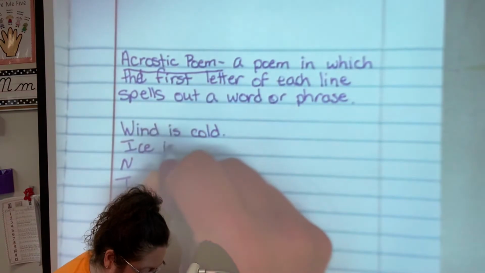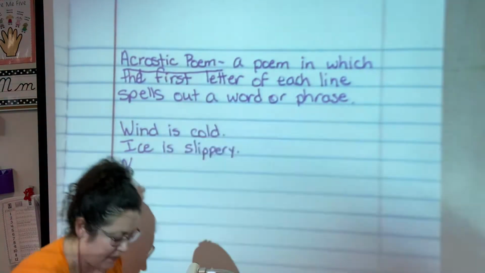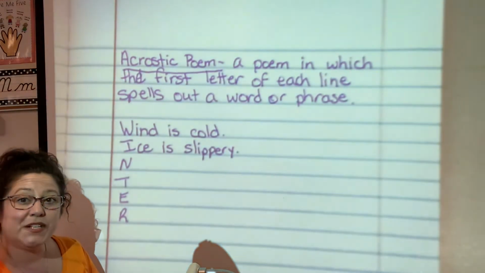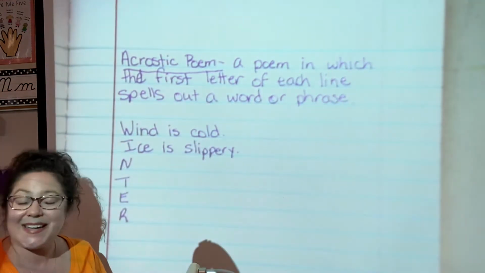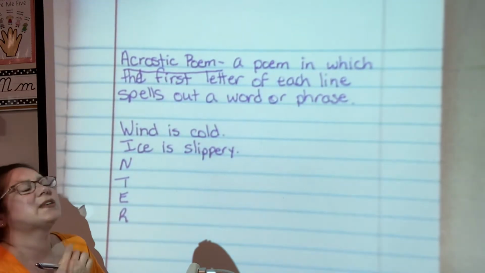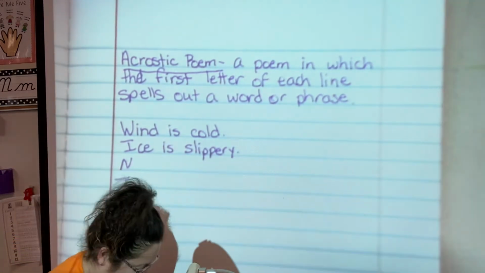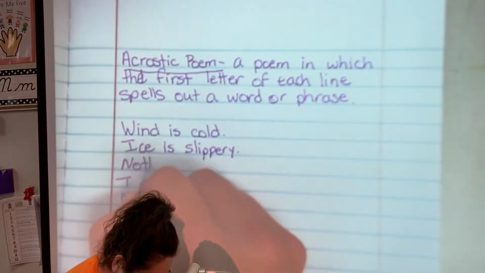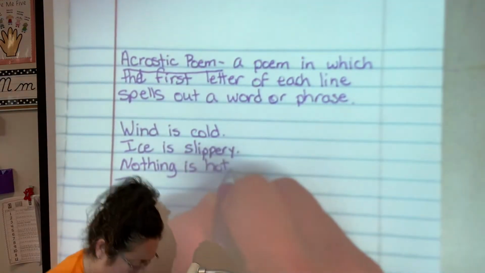Ice is slippery. So again, I'm describing winter. And see now how my poem, it's going across. And it doesn't have to rhyme. That's the cool thing with acrostic poems. N, oh, that's a hard one. Nothing is hot. Nothing is hot, period.